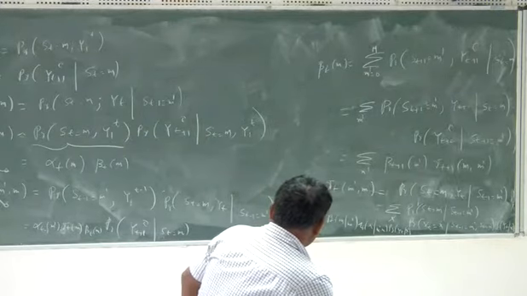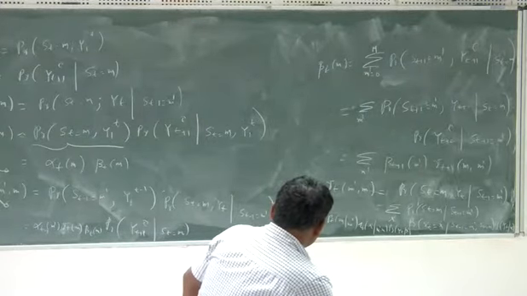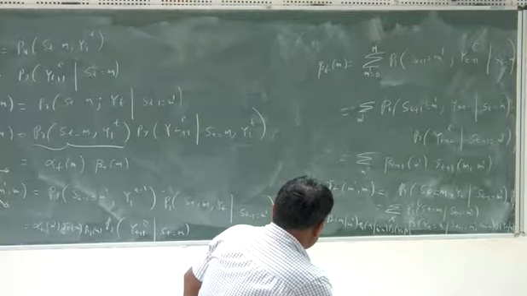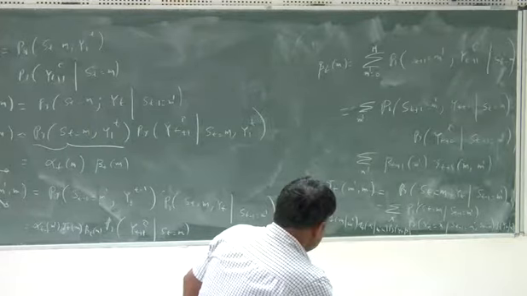So first term is half, second one is either 1 or 0. So what really matters is probability of y t given x.